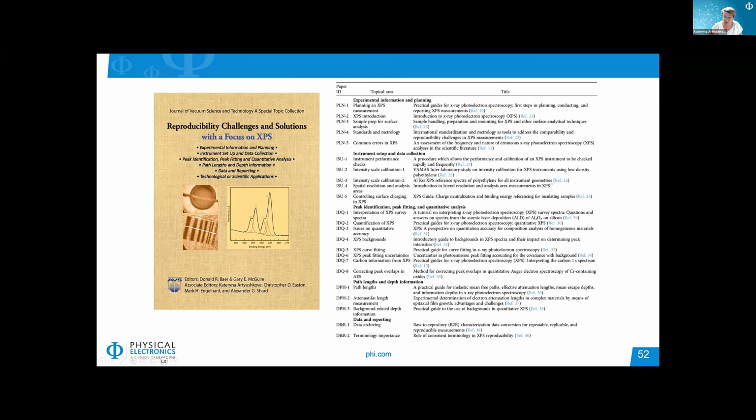Then it talks a lot about attenuation lengths and how we actually interpret the depth information, and about data reporting, how we report the data. So if you are working on XPS yourself, this is a really useful handbook which you can refer to in your experiments to help you be successful in XPS.